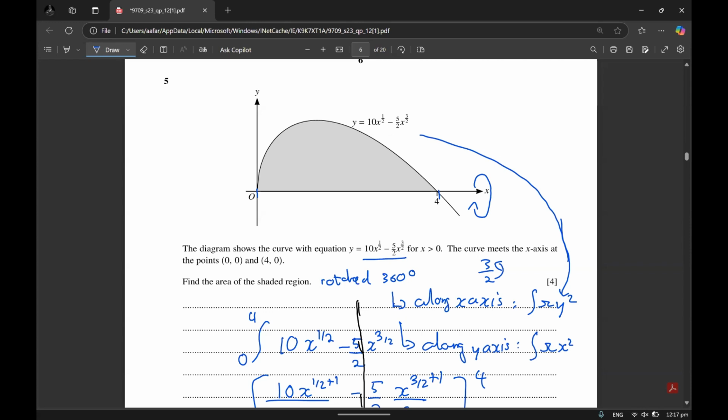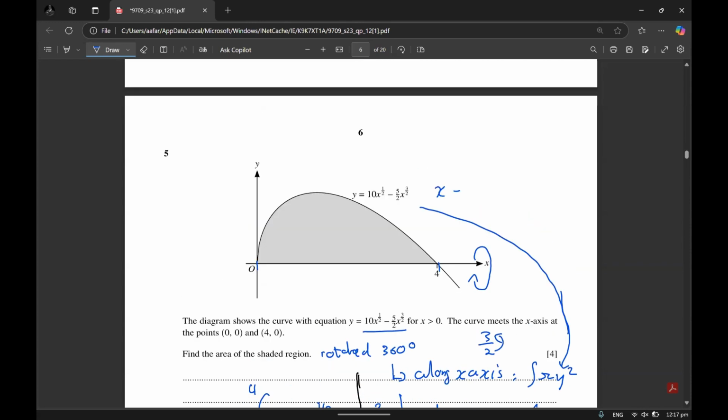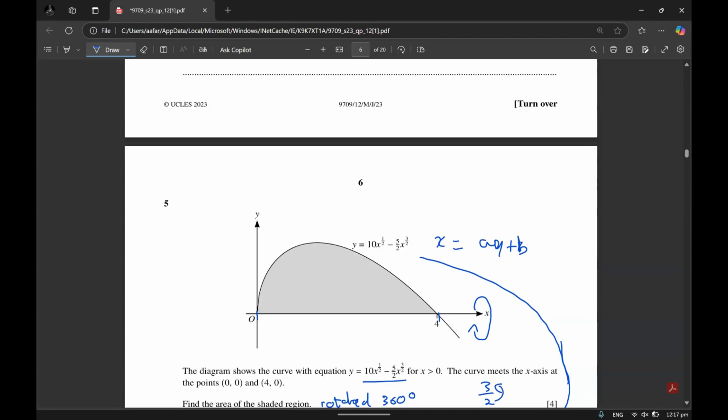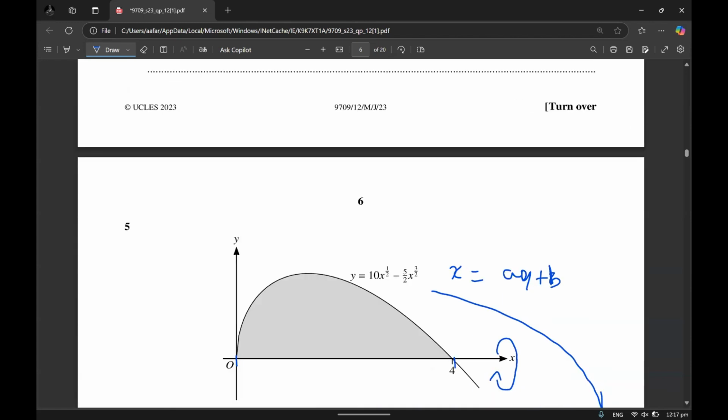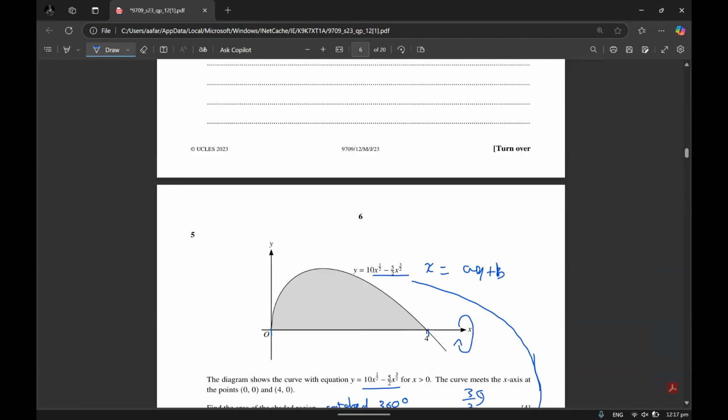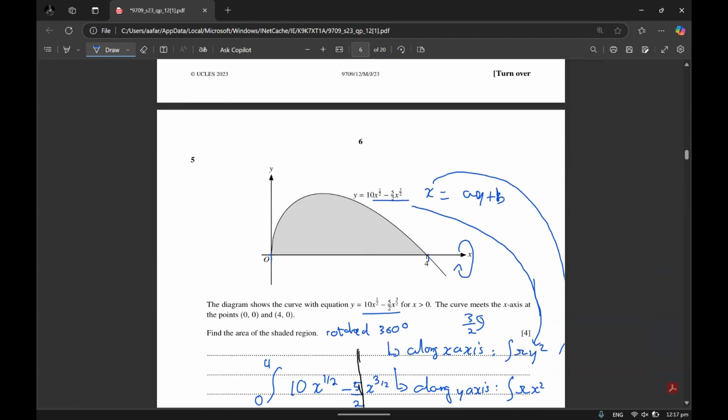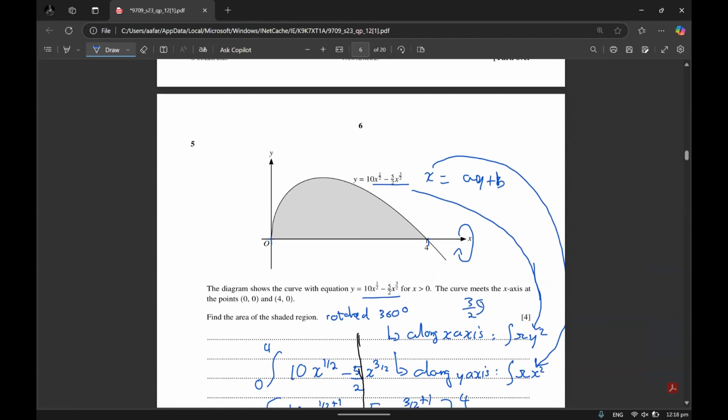In this question, they may tell you that x is equal to ay plus b. But if they don't, then you need to make x the subject, which isn't very difficult. Then you substitute x in this equation. That's how you get the volume rotated 360 degrees along the y-axis.